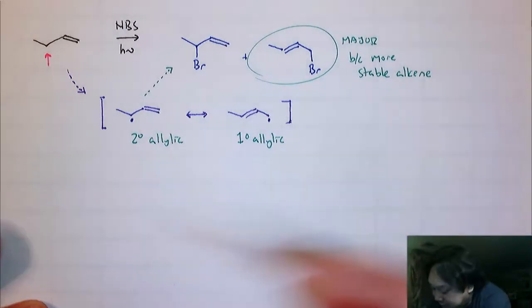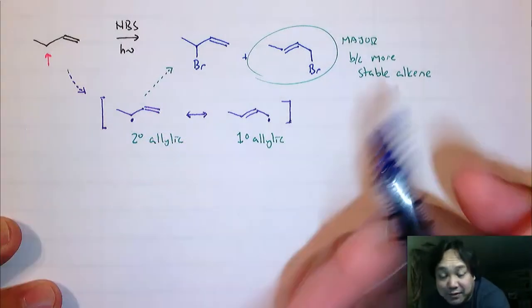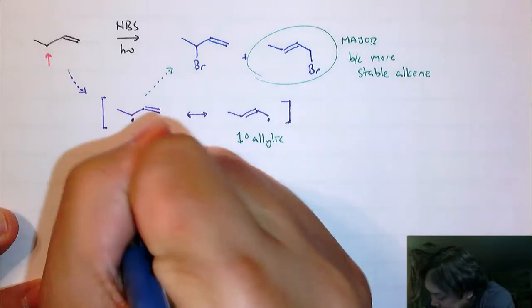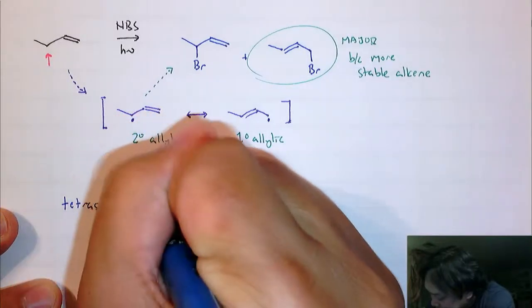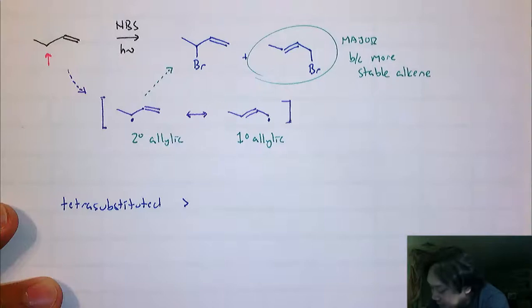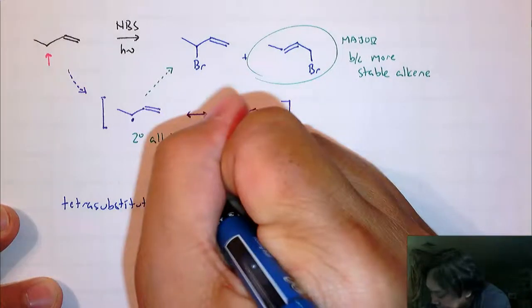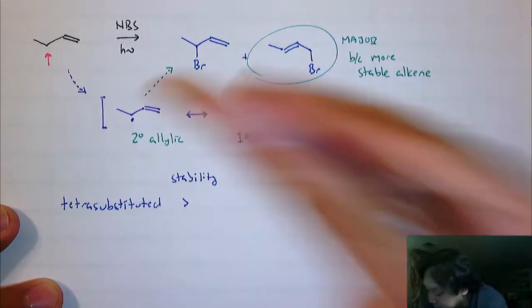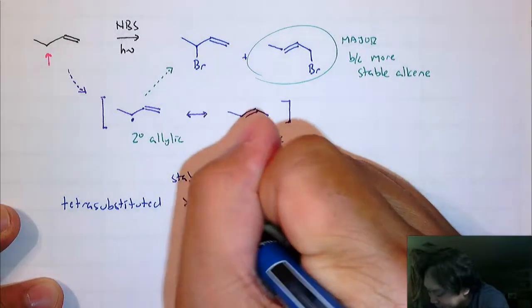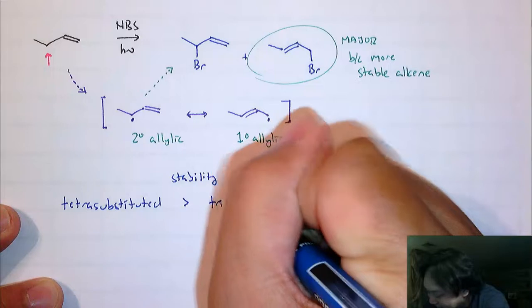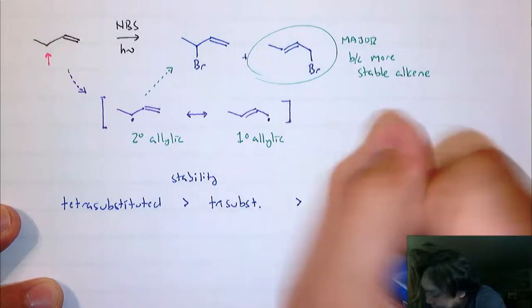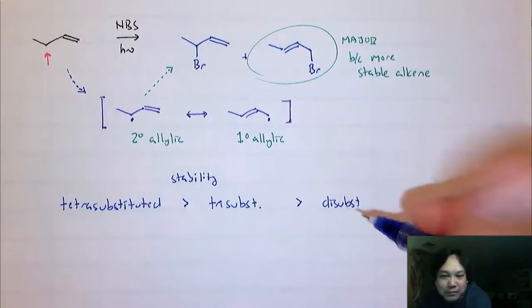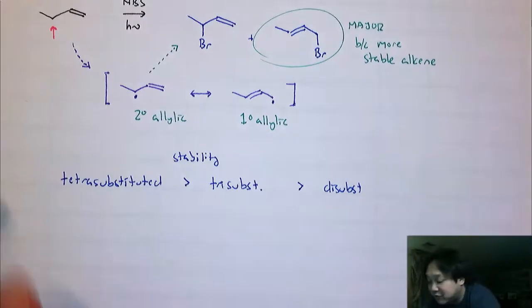Stability of an alkene depends on the number of groups that are attached. So tetra substituted is greater than, and this is stability wise, greater than tri substituted, greater than di, and actually there's two main types of di substituted, cis and trans.